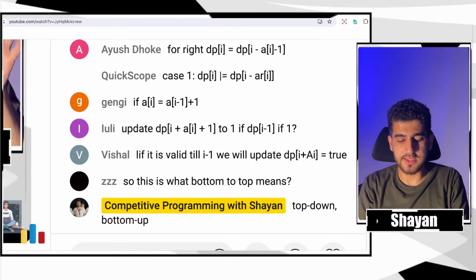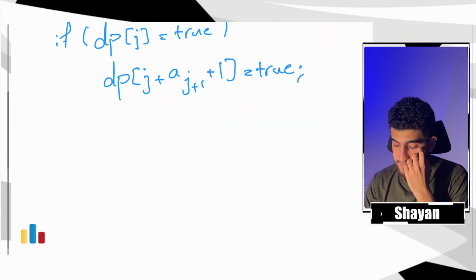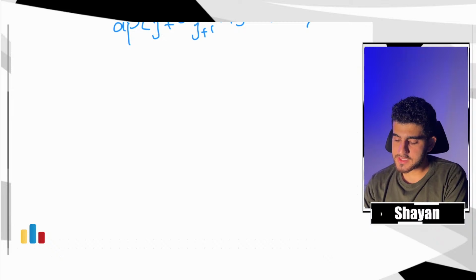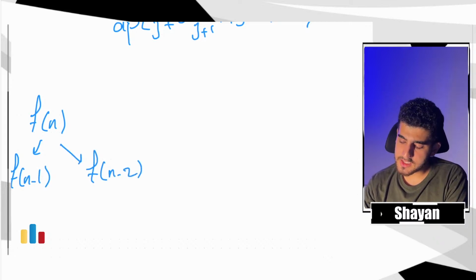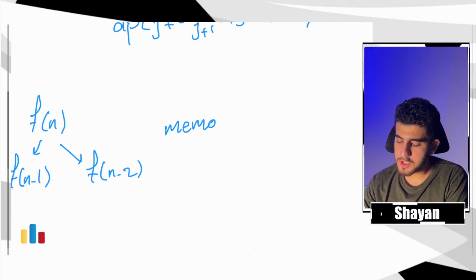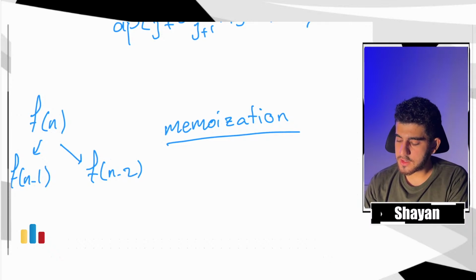For example, when I want to calculate Fibonacci, first I will call f of n, and f of n itself calls f of n minus 1 and f of n minus 2 and so on, and I use memoization to make sure that my time complexity will not be exponential. This is the top down approach.